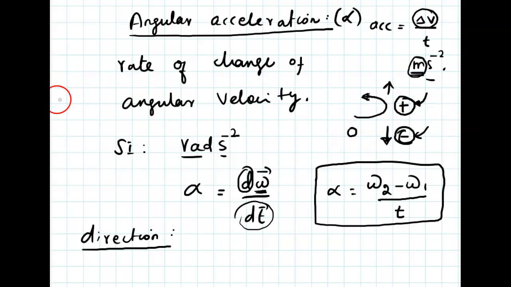So here there are three cases: positive when angular velocity increases, negative when it decreases, and 0 when the angular velocity is constant, as in uniform circular motion.